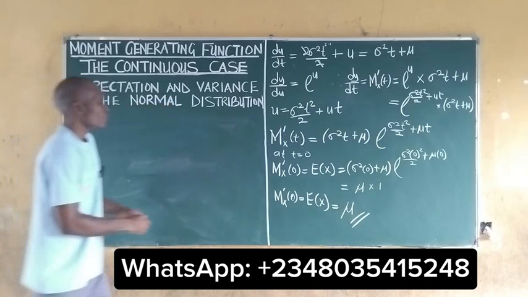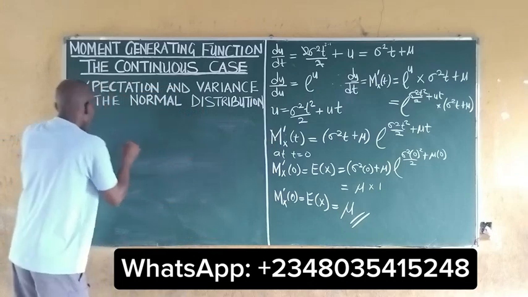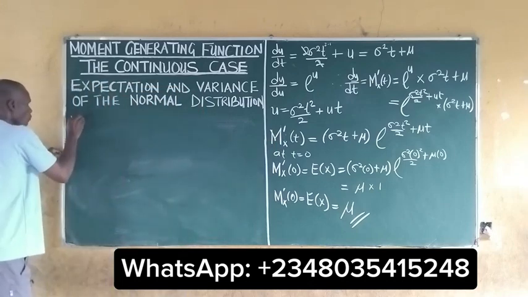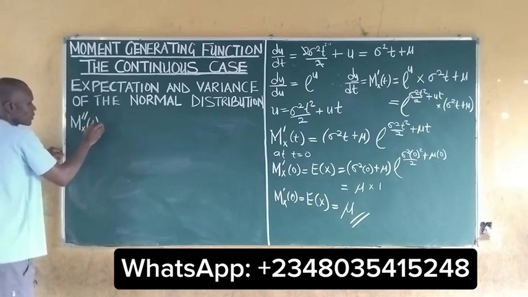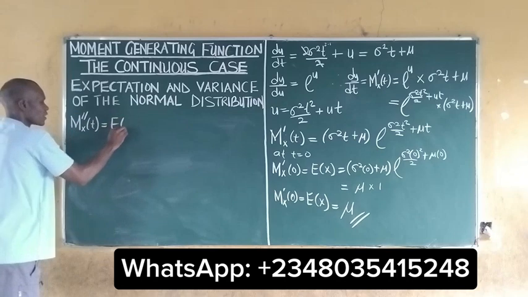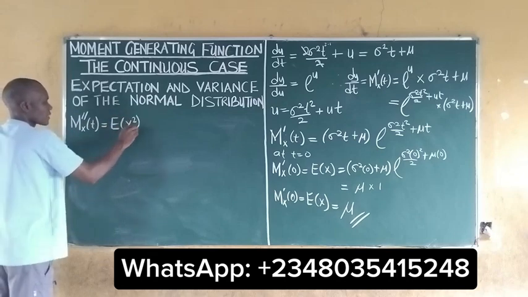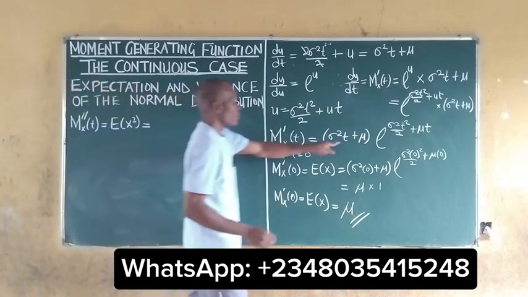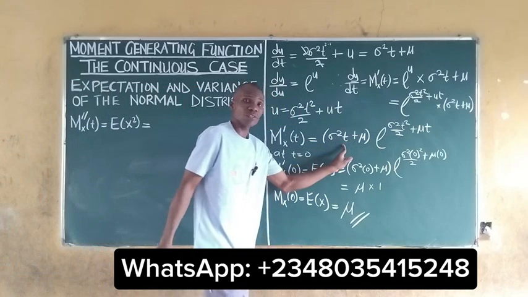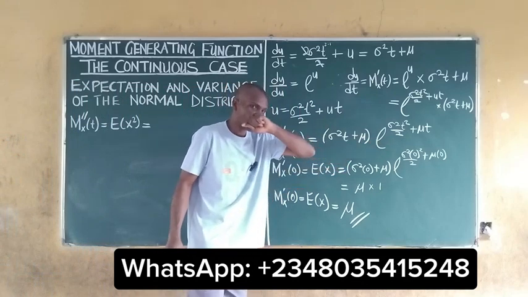So to take our second derivative, which is the second derivative for the moment generating function, which is the expected value of x squared, we use the product rule this time because a function is multiplying another function.